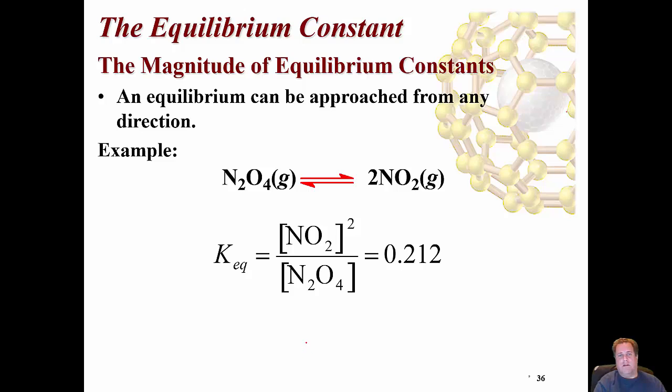The other scenario about this is, some of you may have already been thinking, well, if we have an equilibrium expression, this is like the first one we started off with, right? Can't I write that another way? If I just flip it around, doesn't that chemically mean the same thing? And the answer is yes.